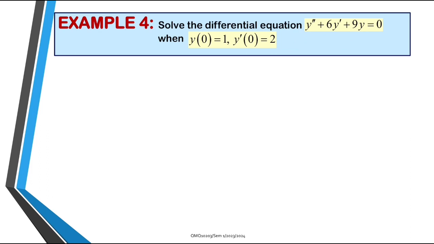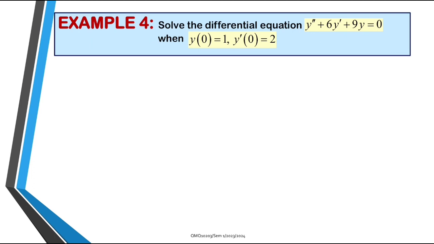Example number 4. Solve the differential equation y double prime plus 6y prime plus 9y equal to 0 when y(0) equal to 1 and y prime (0) equal to 2. In this equation we have the initial conditions, so we are going to solve this and substitute the initial conditions to find the particular solution.